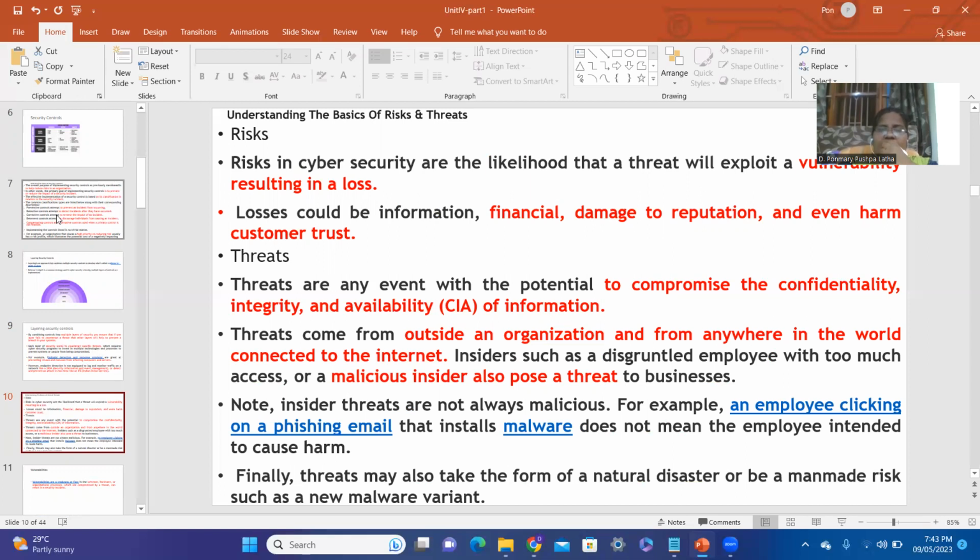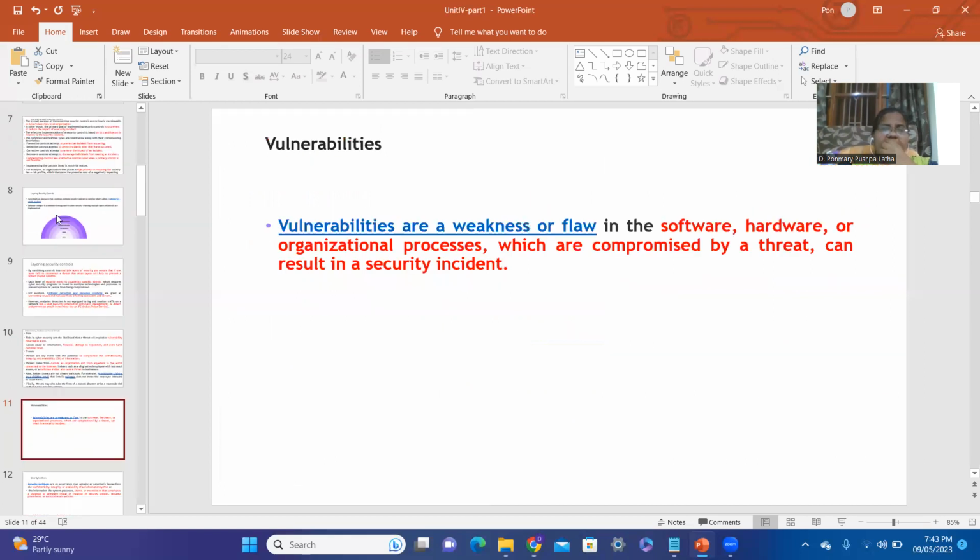For example, an employee clicking on a phishing email, because of that the threat may occur. Nowadays we are connecting with people through the internet, and sometimes the employees can pass on information.